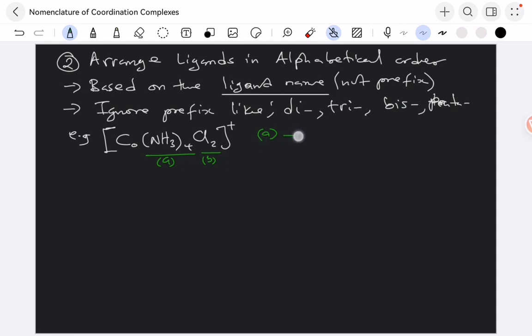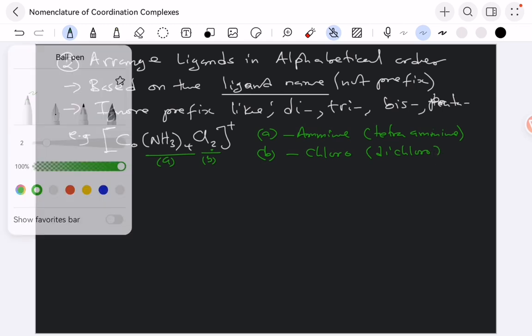I have a ligand which is ammine, and I have a ligand which is chloro. Now when you look at these ligands, they have these subscript numbers, which is a 4. So this one becomes tetraammine. Then this has got a 2, so it means dichloro.